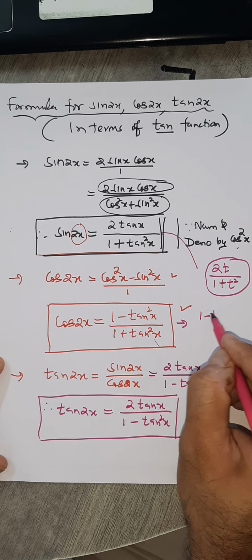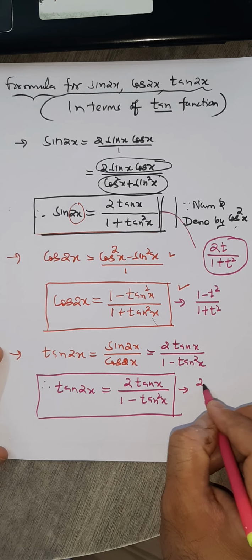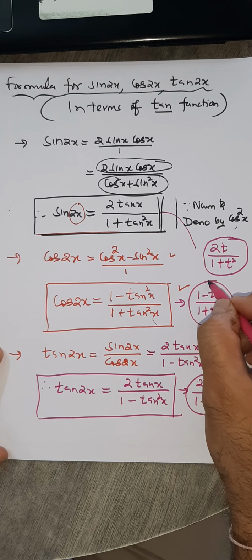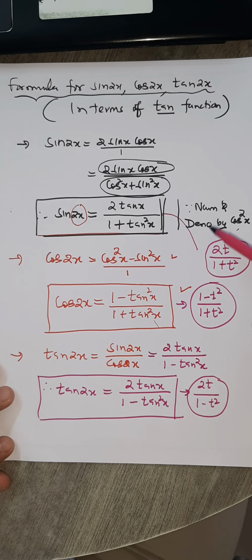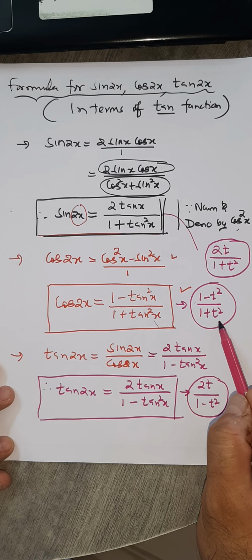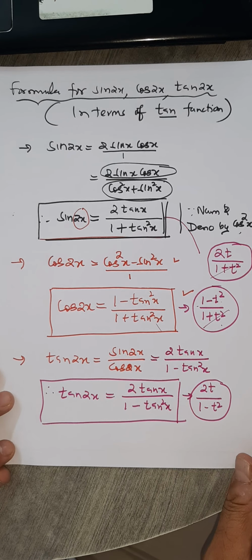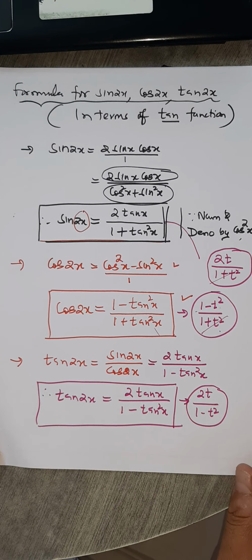Then 1 minus t square upon 1 plus t square, and 2t upon 1 minus t square. How do you remember this? Sin 2x is 2t upon 1 plus t square, cos 2x is 1 minus t square upon 1 plus t square, and tan 2x is just the ratio of these two. You can see that the denominators will get cancelled, leaving 2t upon 1 minus t square. So these are the formulas for sine, cos and tan in terms of tan function.